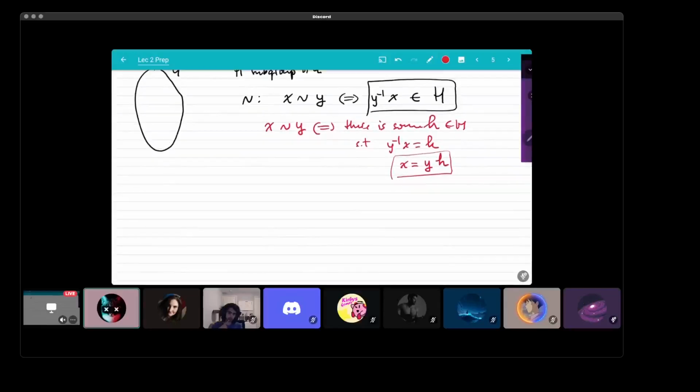So actually this equivalence relation is such that the equivalence class of any Y is all the Y times H, for H in the subgroup. It can also be written as YH, and this is called a coset.